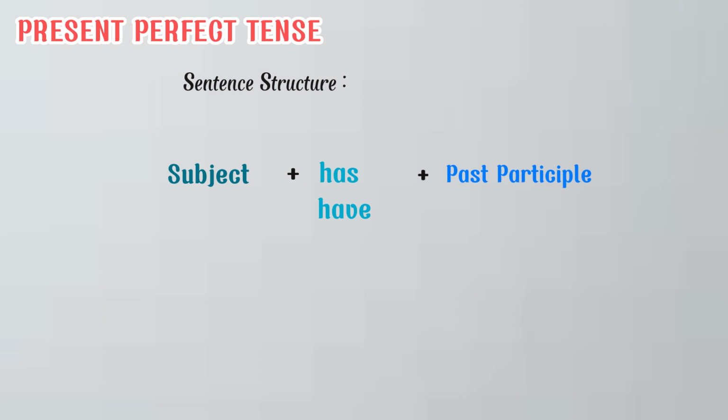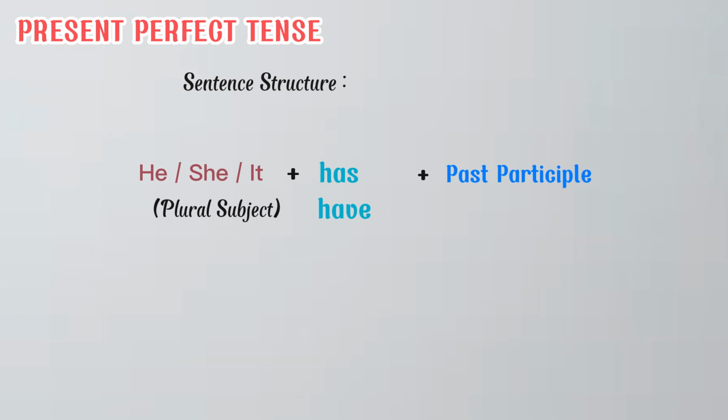Okay. So take note of the use of has, that is for singular subjects. When we say singular, that means only one, or we say single. An example pronoun for that, we have he, she, and it. And the helping verb have is for plural subjects. When we say plural, that means two or more.